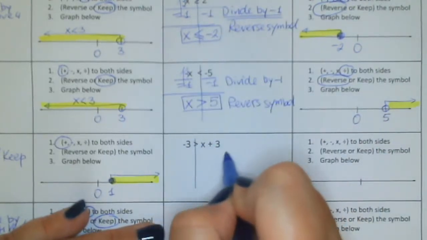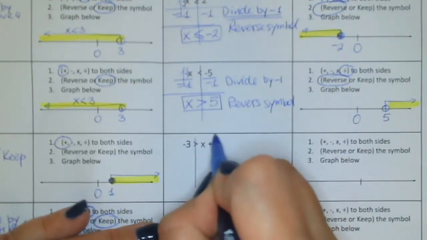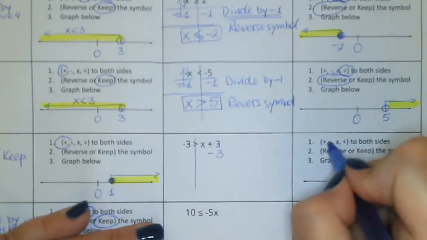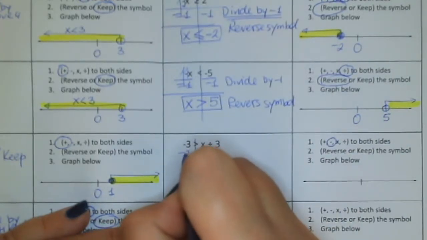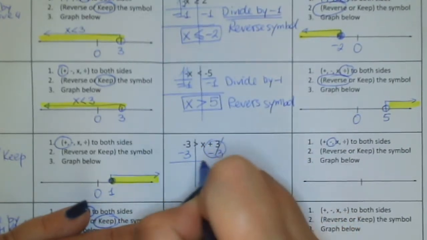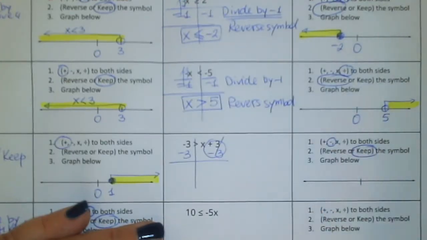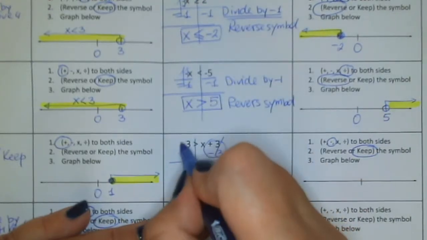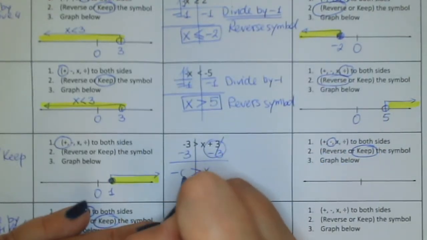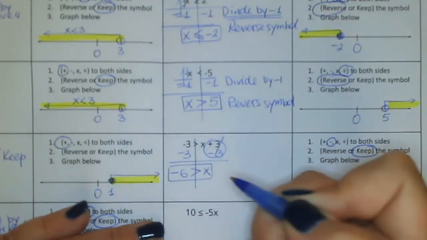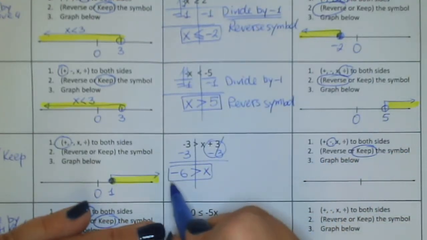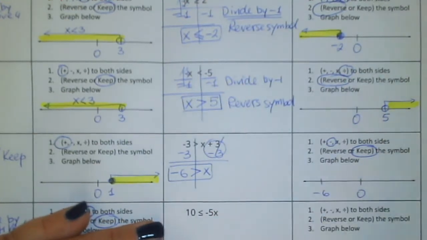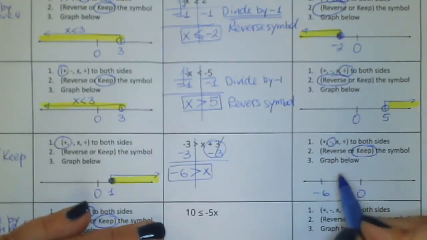The variable is on the right hand side this time, so we start solving where the variable is. The goal is to get x alone, so subtract 3. When we subtract the number on both sides, we always keep the same inequality symbol. Bring down that variable, and then negative 3 with negative 3, negative 6, add the numbers, keep the sign. In order to graph, negative 6 is on the left of 0, and negative 6 is the biggest number.